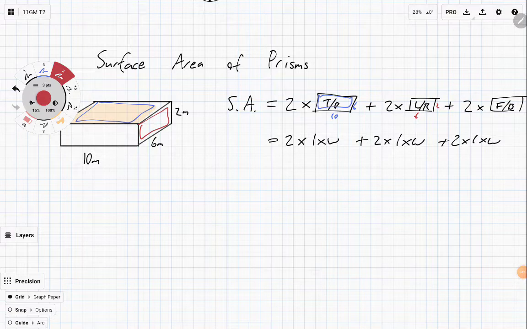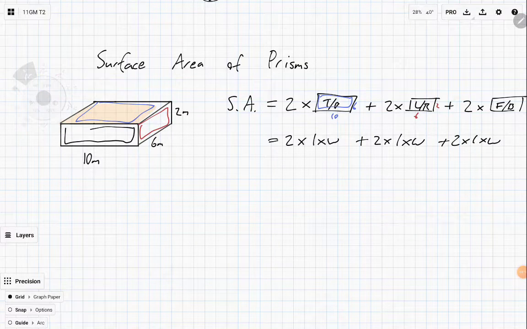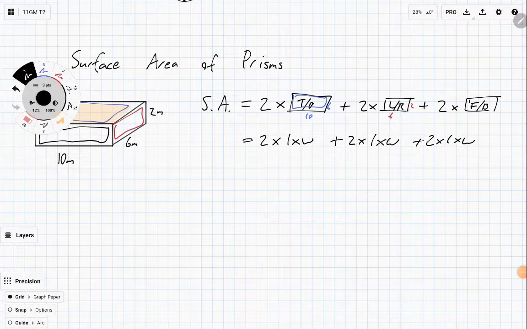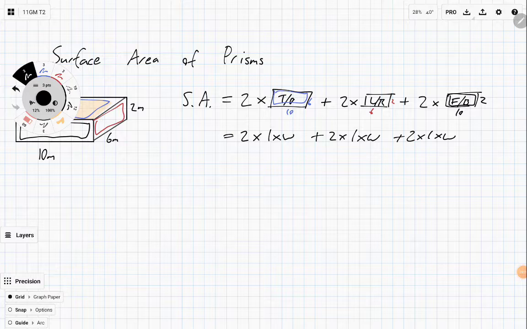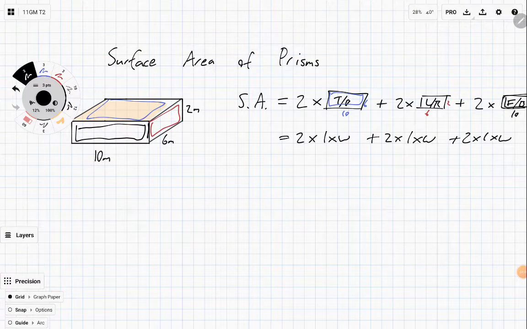And then for this front one over here, the dimensions are 10 by 2, okay? And I'm just reading it off, basically, because this side's the same length as this side, so these are all having 2 for the height. That's for the red and black one. And for the top one, it's got the 10 and the 6.